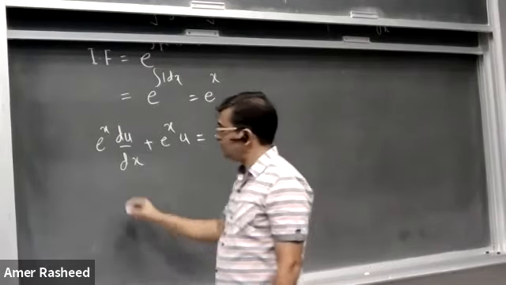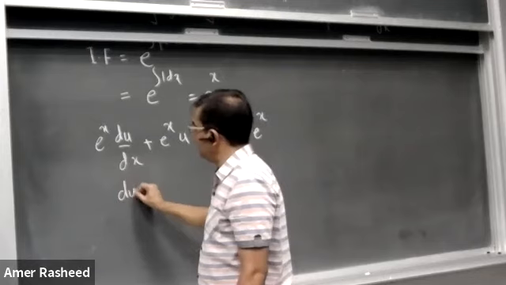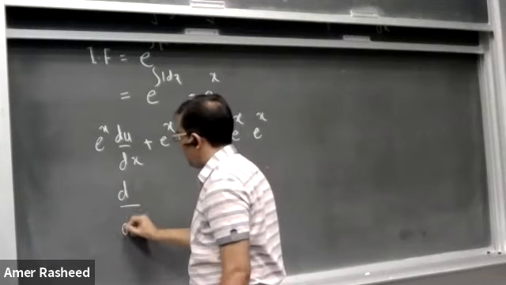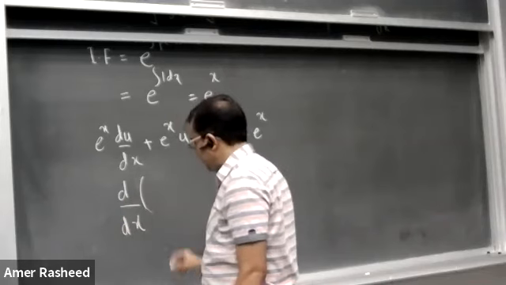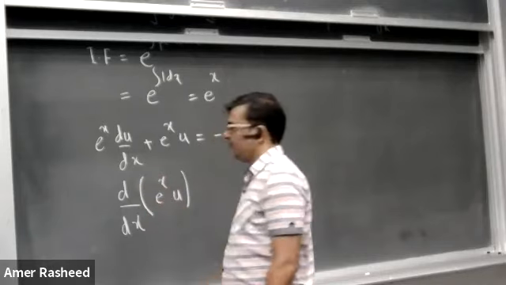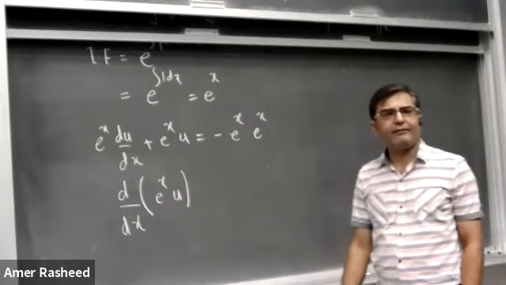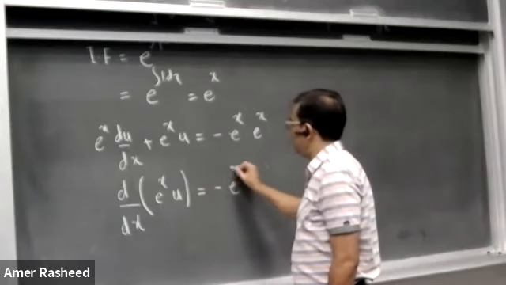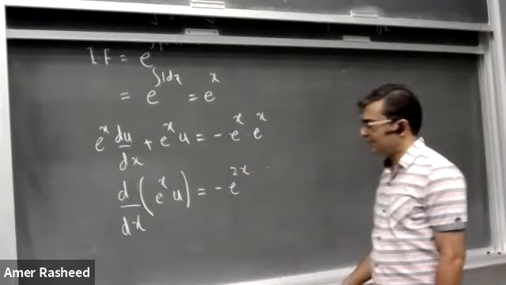Now, the left hand side must become the product of integrating factor times the dependent variable, according to the linear first order differential equation. And the right hand side becomes negative, whatever it is, e raised power 2x.